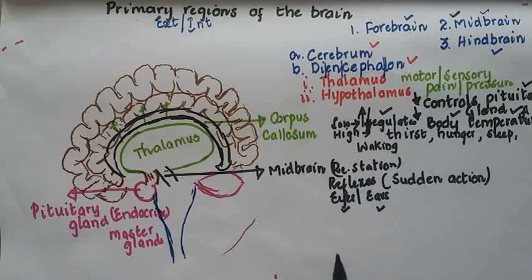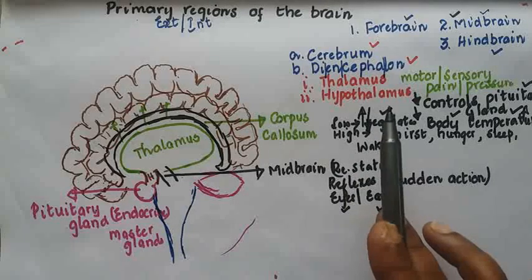Right? So thus you can say that midbrain is a small tubular part which connects our forebrain to the hindbrain, concerned with the reflexes in association with eyes and ears.